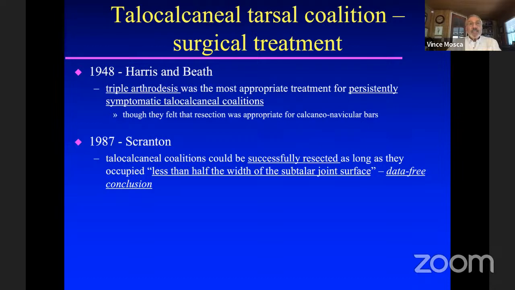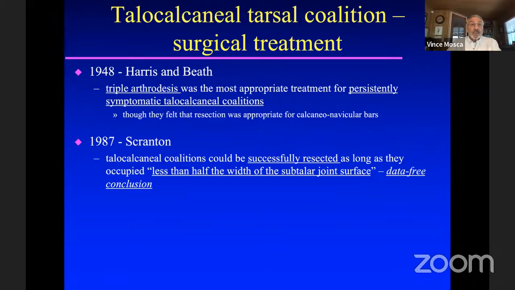He got some CT scans before the resections, and he concluded, without good data, but he concluded data-free, that one could successfully resect a subtalar coalition if the width of the coalition was less than the width of the subtalar joint, of the posterior facet.